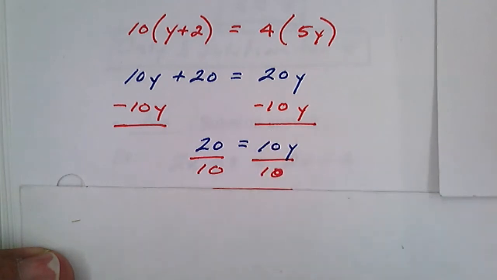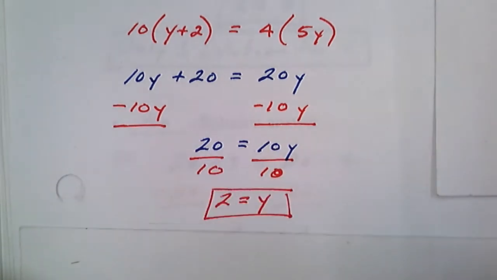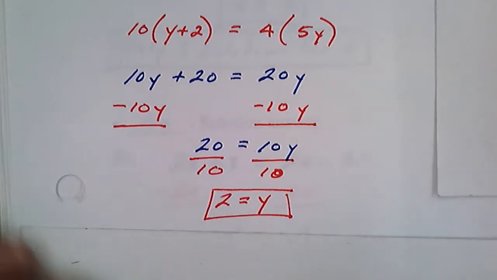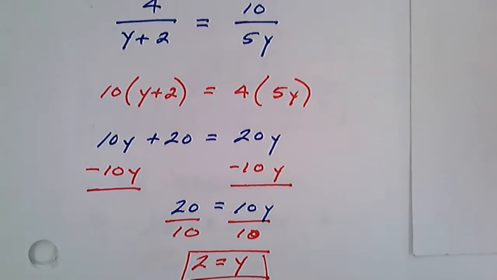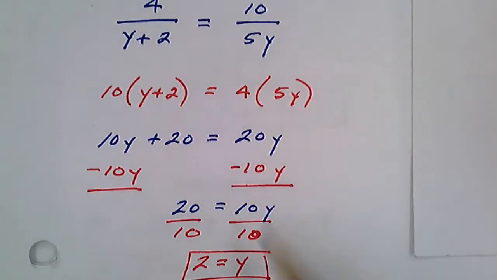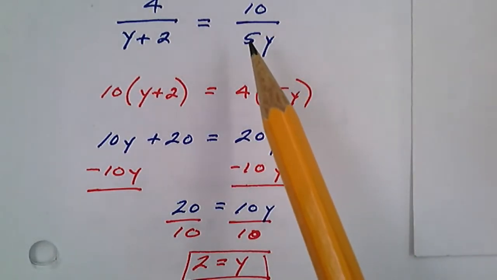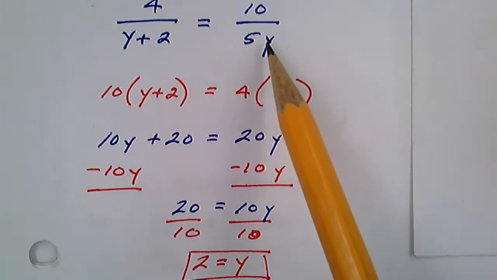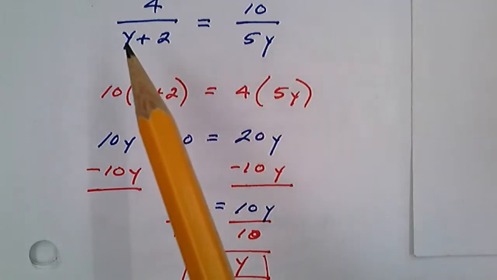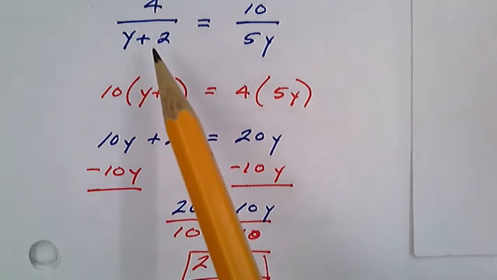Boom, those are canceled out. 20 divided by 10 is 2. So my answer way back up here in this original problem is y is equal to 2. If I go 5 times 2, 5 times 2 is 10. 10 over 10 is the same as 2 plus 2, 4 over 4.